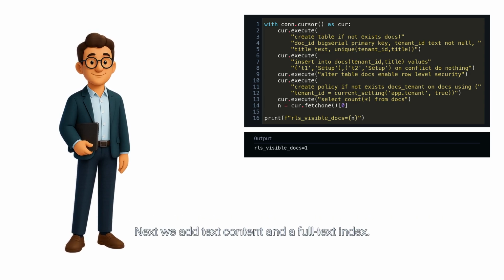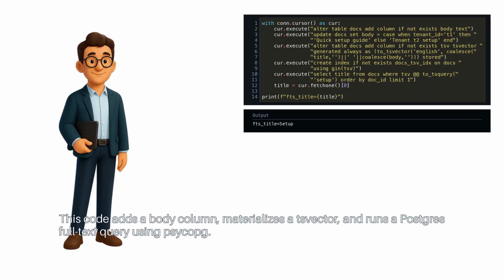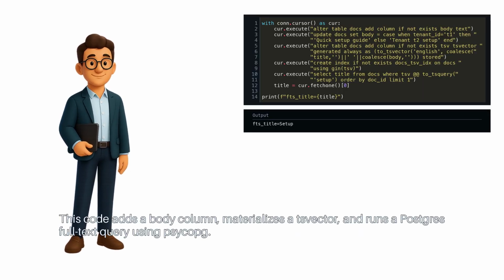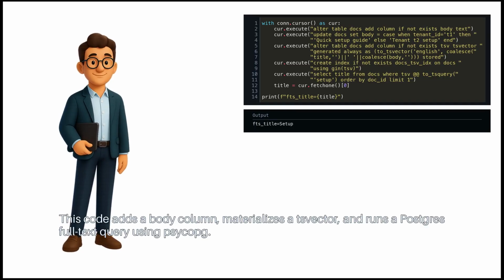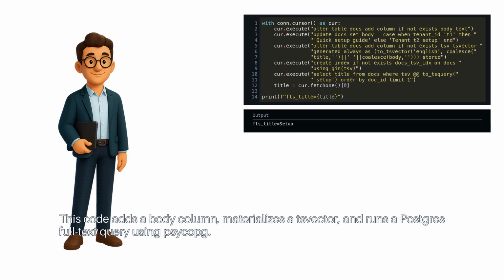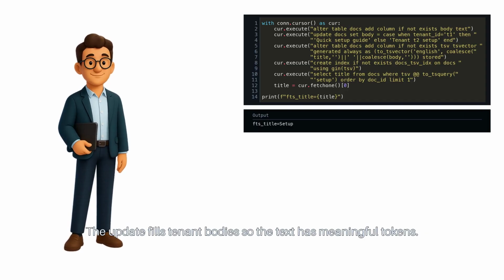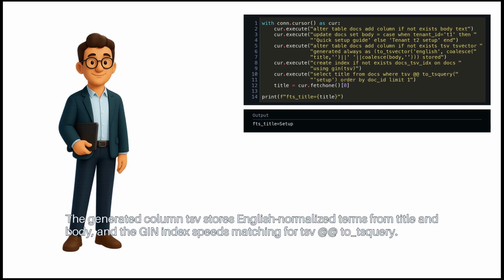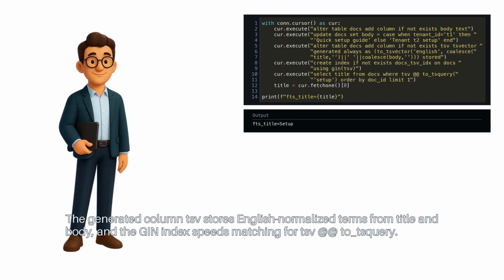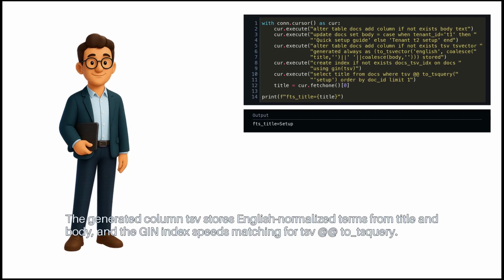Next, we add text content and a full text index. This code adds a body column, materializes a tsvector, and runs a Postgres full-text query using psycopg. The update fills tenant bodies so the text has meaningful tokens. The generated column tsv stores English normalized terms from title and body. And the GIN index speeds matching for tsv @@ to_tsquery.